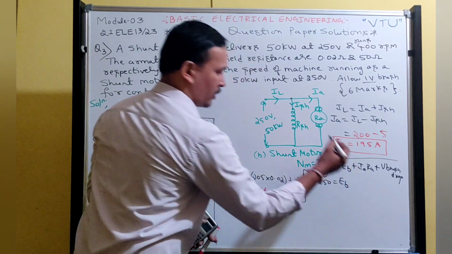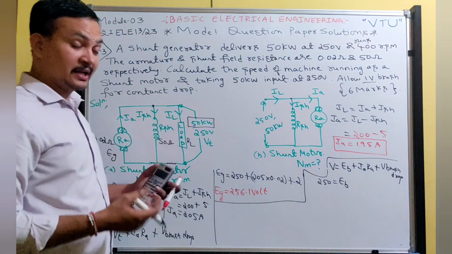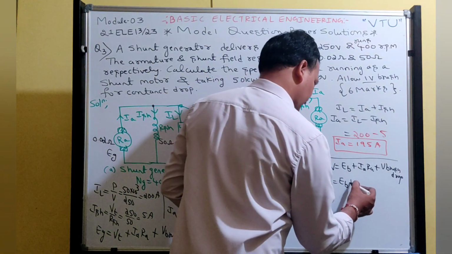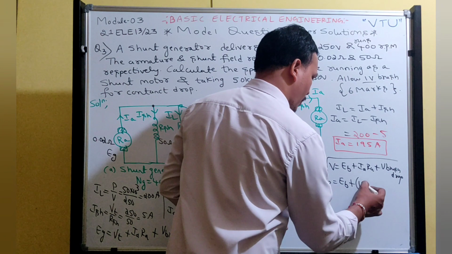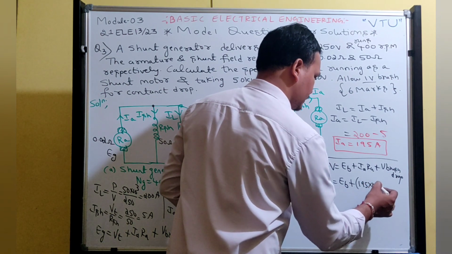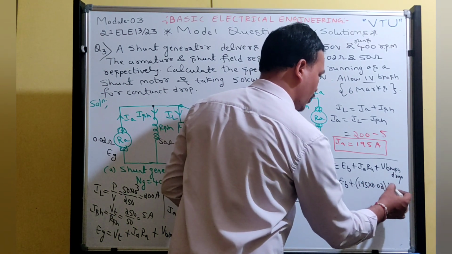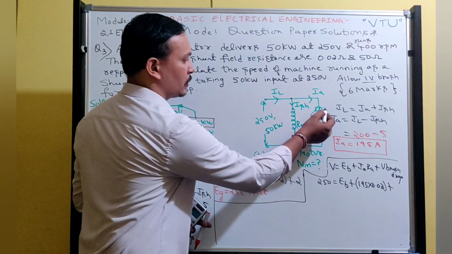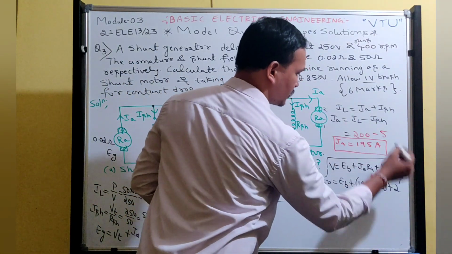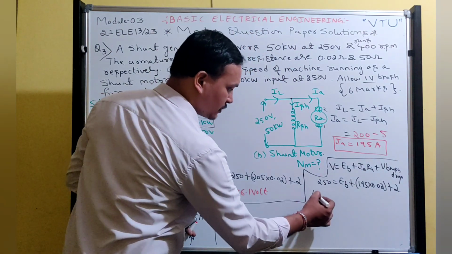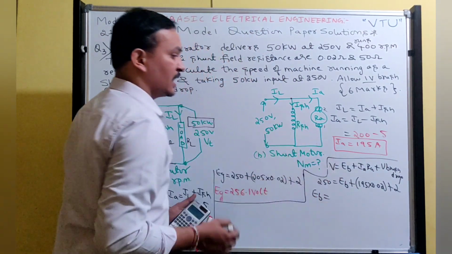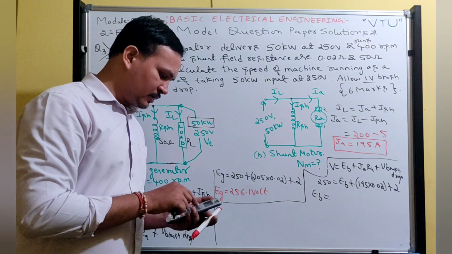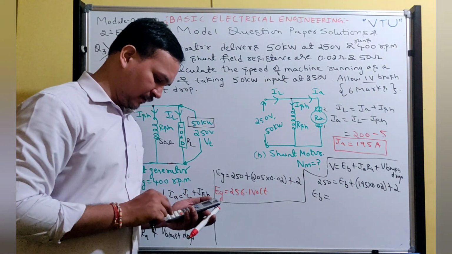I need to find what is generated in the motor, that is the back EMF. So EB plus, what is the armature current? 195. What is the value of resistance? 0.02. How many brush drops? How many contacts do we have? 1 and 2, minimum 2 contacts. So plus 2. From this you find out the back EMF, from that you calculate EB.